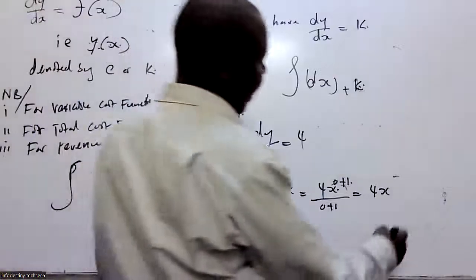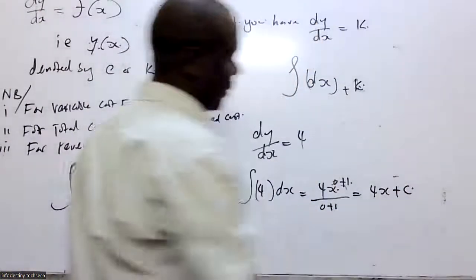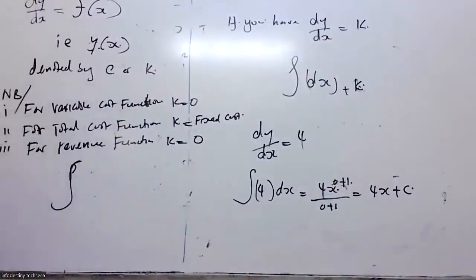Then plus c or k constant. This is 1 0. You add 0 plus 1.